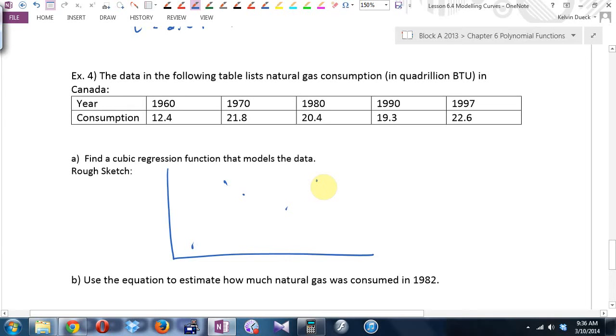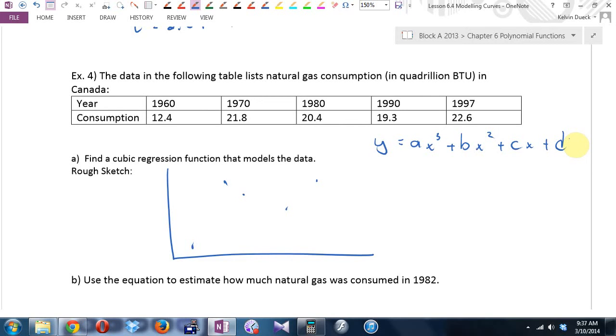Let's find a cubic regression. So it's going to look like this. Y equals ax cubed plus bx squared plus cx plus d. Except what do I want to use instead of letter y? What are we putting on the y-axis? Look at my chart. What's on the y-axis? Consumption. What would be a good variable to use for consumption?